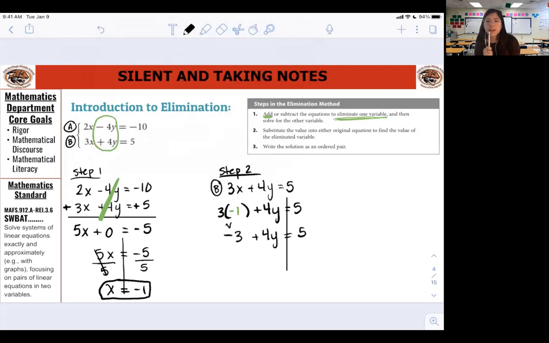What do I do to both sides? Add 3. Add 3. 3 plus 5? Or 5 plus 3? 8. 8. And finally, I divide. Divide by 4 on both sides. 8 divided by 4 is 2.